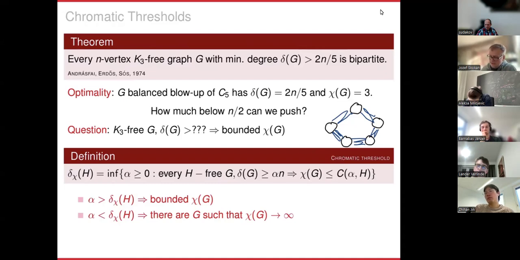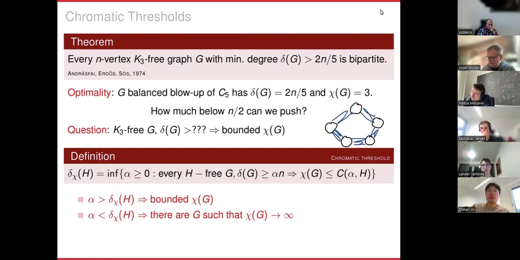In other words, if I have a triangle-free graph G and my min degree is bounded from below by something, I would like to conclude that I have a bounded chromatic number. And this leads to the definition of chromatic threshold. This is due to Erdős and Simonovits, who asked for the chromatic threshold for a fixed graph H. It is the infimum of alpha such that if you take an H-free graph G with minimum degree at least alpha n, this should necessarily imply that the chromatic number of G is bounded by a constant.